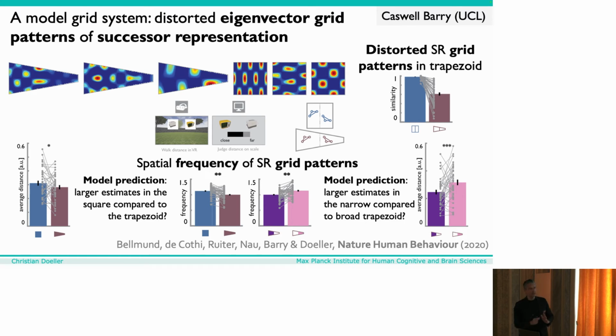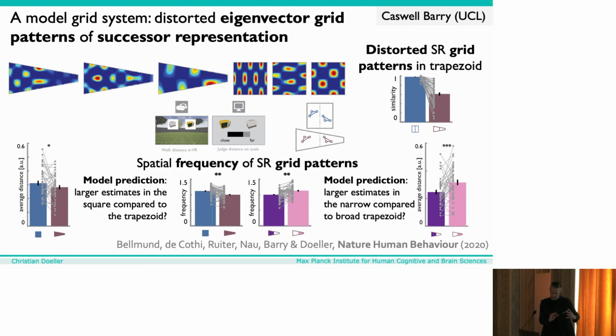When we do that, and I only show here the data for the walking test, but the desktop test looks very similar, we basically confirm the model predictions. So we see an increased distance estimate for the square compared to the trapezoid, and for the narrow compared to the broad part of the trapezoid.